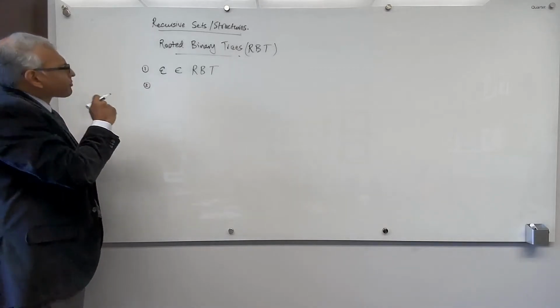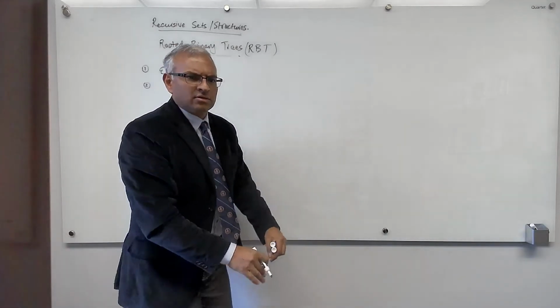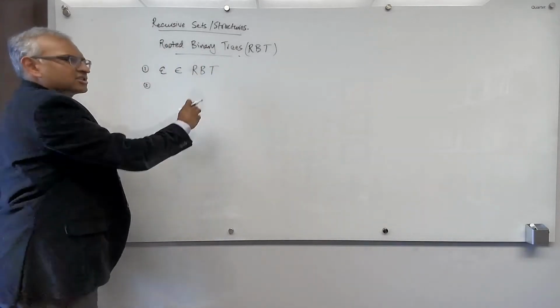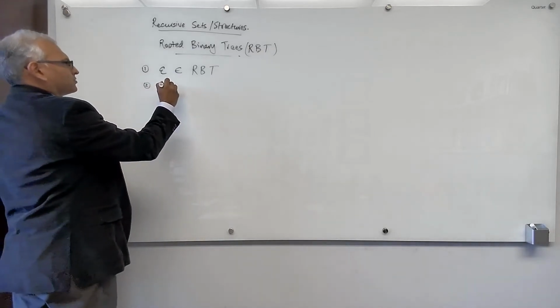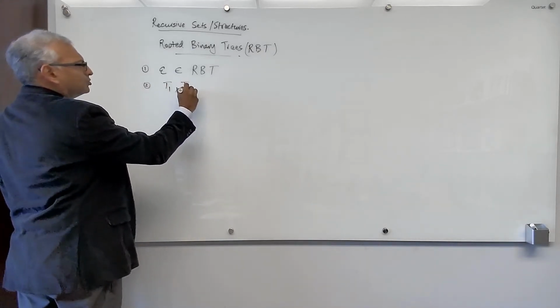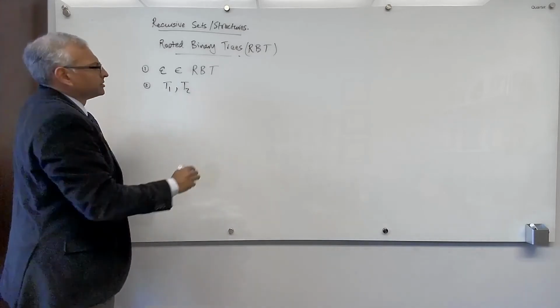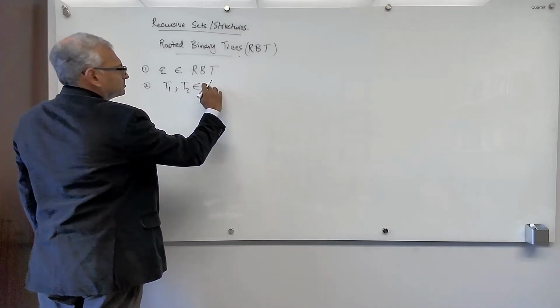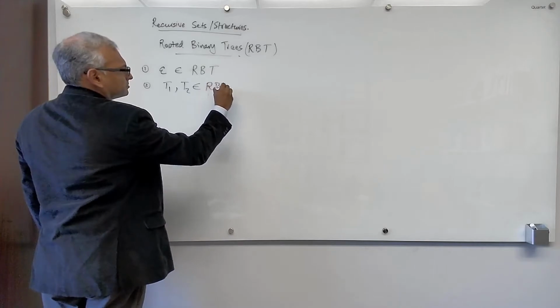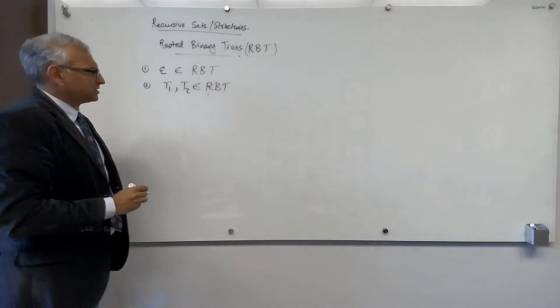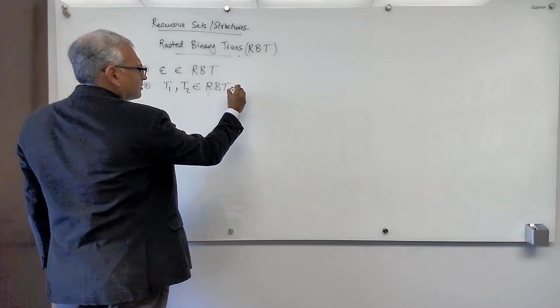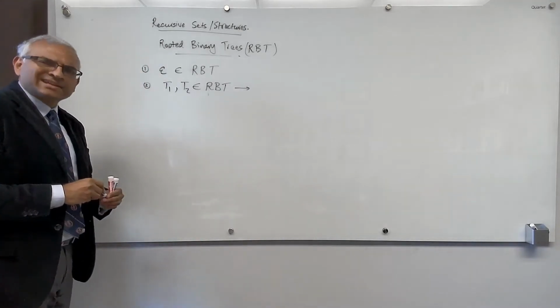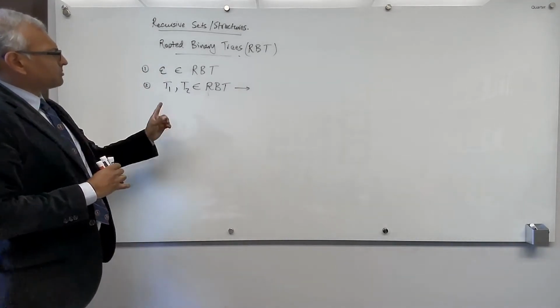Okay? So I'm going to tell you how to build new trees from old trees, or things that are known to be trees. So if T1 and T2 are two trees, okay, then what I can do is I can connect them. Okay, so they are rooted binary trees.